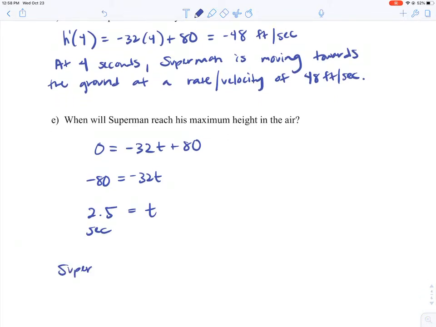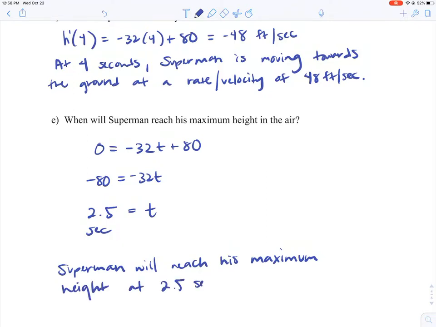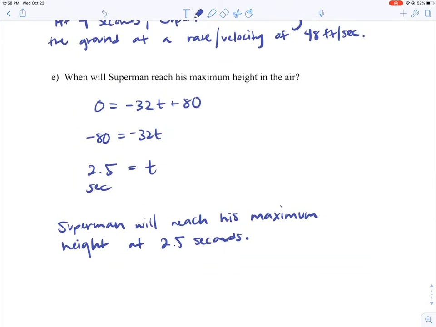So Superman will reach his maximum height at 2.5 seconds, and we found that from solving for the time at which his velocity would be 0.